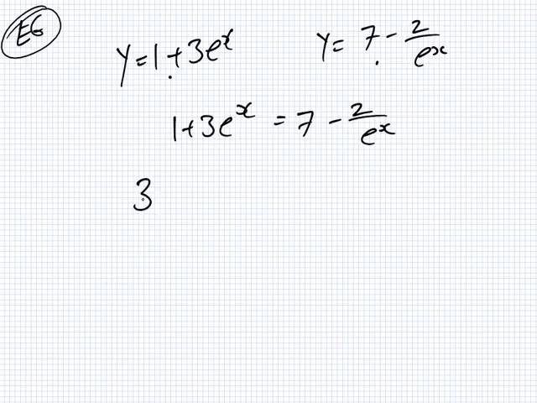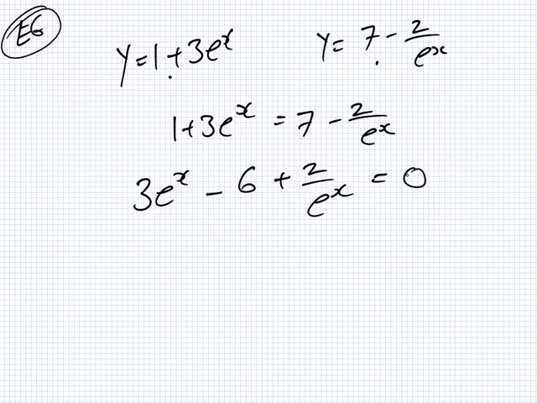So I can say 3e^x minus 6 plus 2 over e^x equals 0. Can you see? That's okay so far? I just took everything to the left.